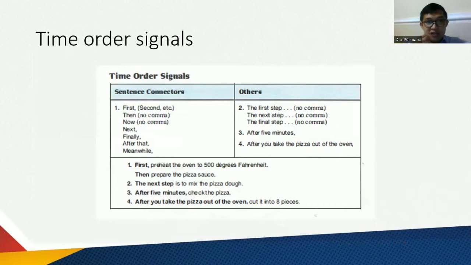Sentence connectors like first, second, third step, fourth step, or then, now, the next step, finally, after that, meanwhile, are common sentence connectors that we use in written and spoken language. It is a common habit when you try to make a procedure paragraph.